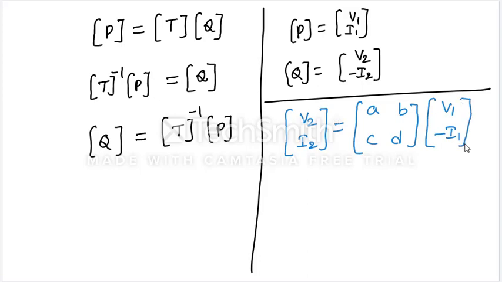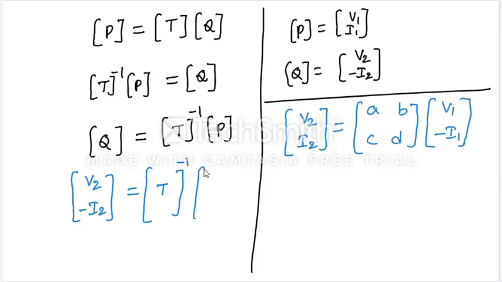Now the Q matrix means V2, minus I2, and that is equal to T inverse into P, where the P matrix is V1, I1.